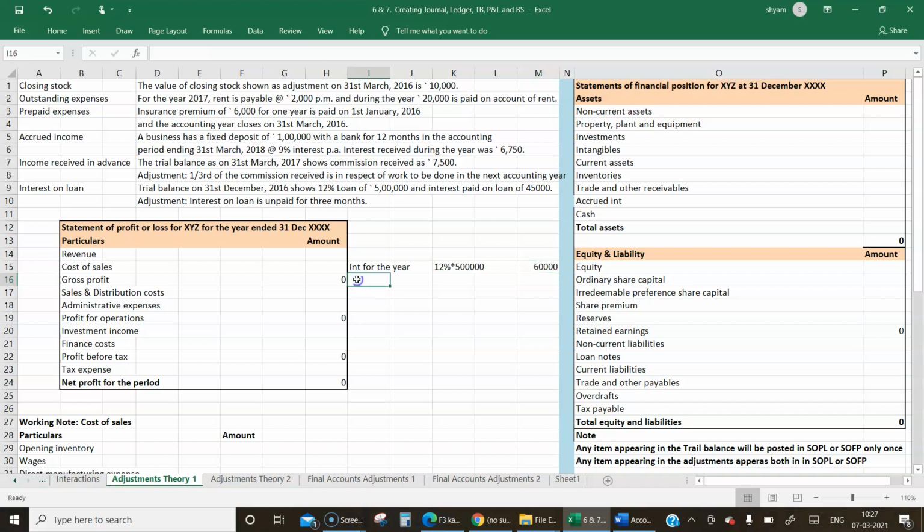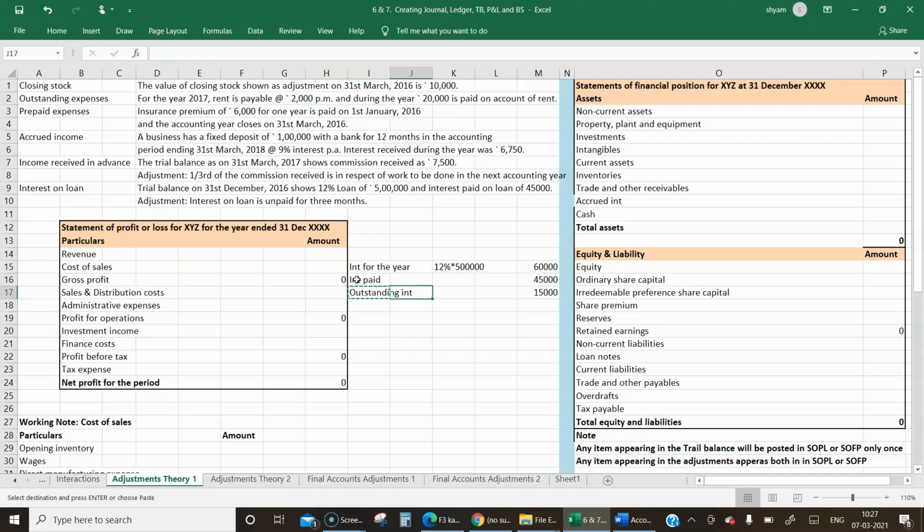Out of this, interest paid is 45,000 and outstanding interest is the balance 15,000. So in this year they should have paid 60,000, they have paid only 45,000, and the balance 15,000 is outstanding interest.